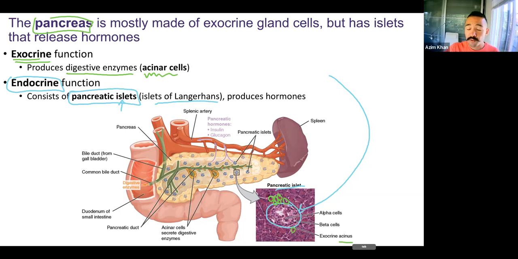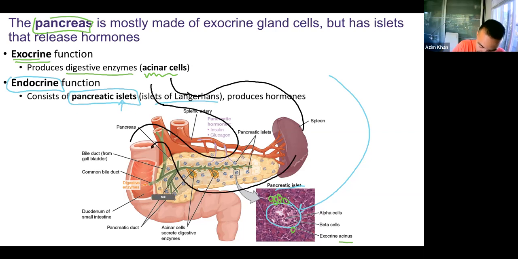If you're unfamiliar with where the pancreas is, it's retroperitoneal. It's behind the peritoneal cavity. It's in the abdominopelvic cavity, posterior to the peritoneal cavity. The stomach is not shown here, but the stomach would be right here.